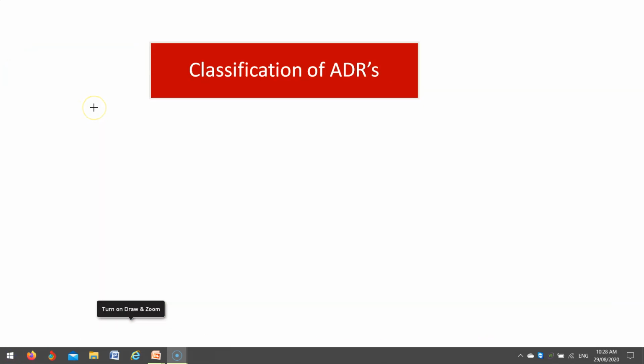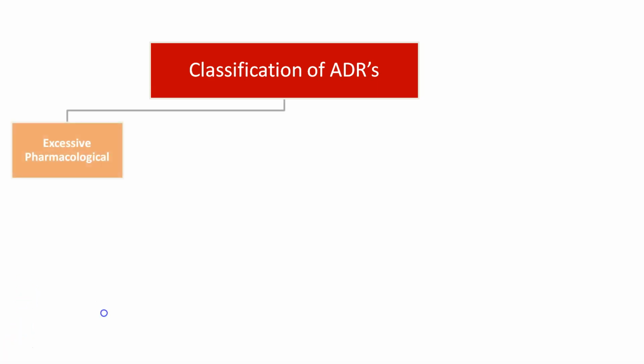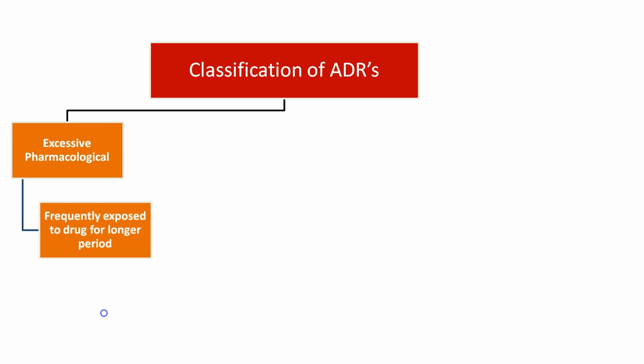Finally, this slide will tell you about all the classification of ADRs. So the ADRs can be classified into excessive pharmacological effects. Excessive pharmacological effects are those where patients are frequently exposed to the same drug for a longer period of time.